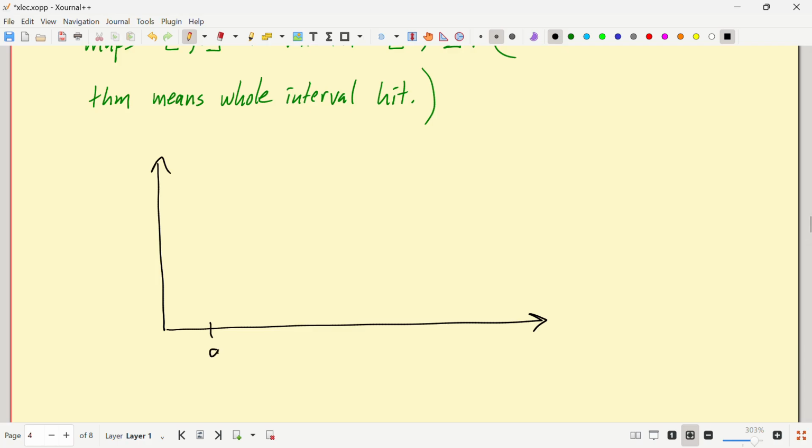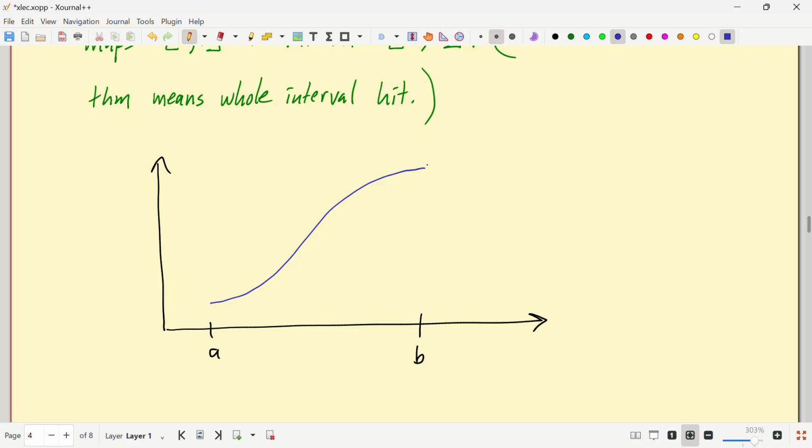Here's my A, here's my B. F is increasing and it's continuous, so there are no jumps. It could be concave up or concave down, but it's increasing.